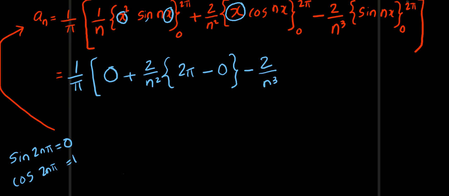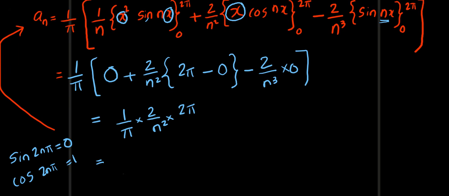Now some good news. When you put the upper limit, you're going to get 0. The same thing when you substitute the lower limit, because sine 0 is 0. So the last term will also disappear. So that reduces to 1 by pi, and then 2 by n square, and finally 2 pi.